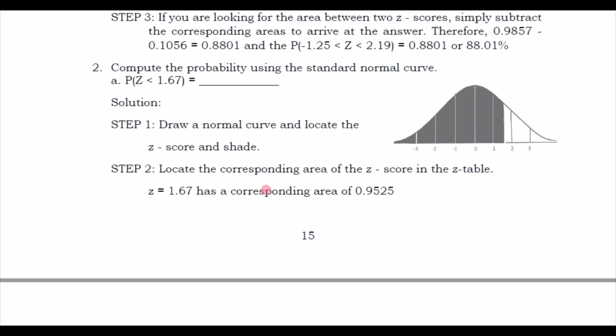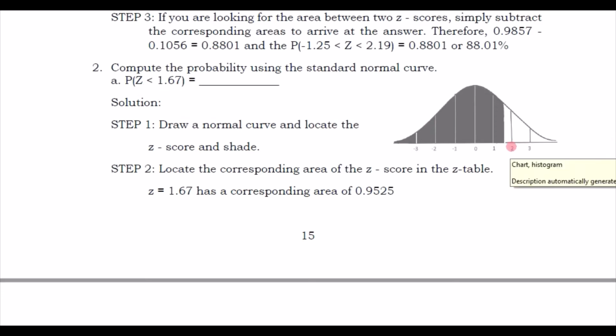Okay? Compute the probability using the standard normal curve of letter A, P, or the probability of Z is less than positive 1.67. So, let us first draw a curve. Okay? Ano yung sabi? Less than 1.67.